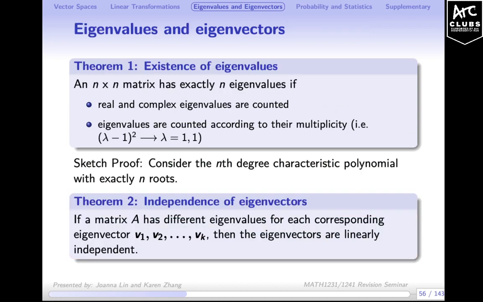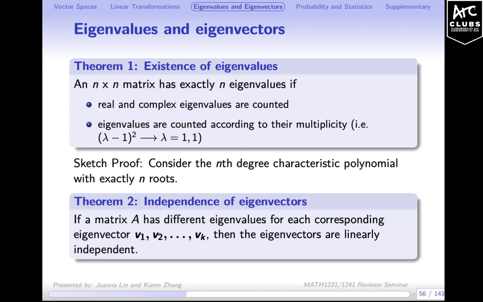For eigenvalues and eigenvectors, there are two really important theorems that I think you should remember. The first one is the existence of an eigenvalue. An n by n matrix has exactly n eigenvalues if you count all real and complex eigenvalues, and they're also counted according to their multiplicity.